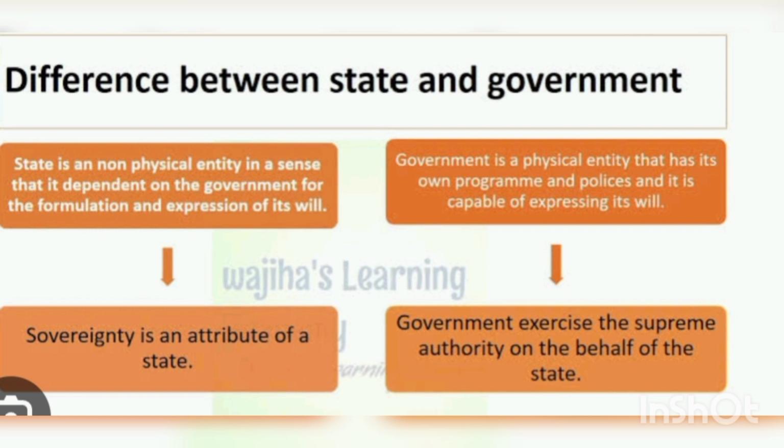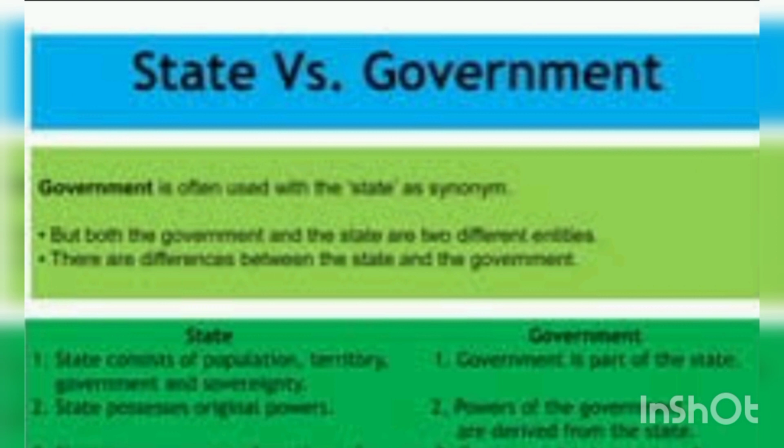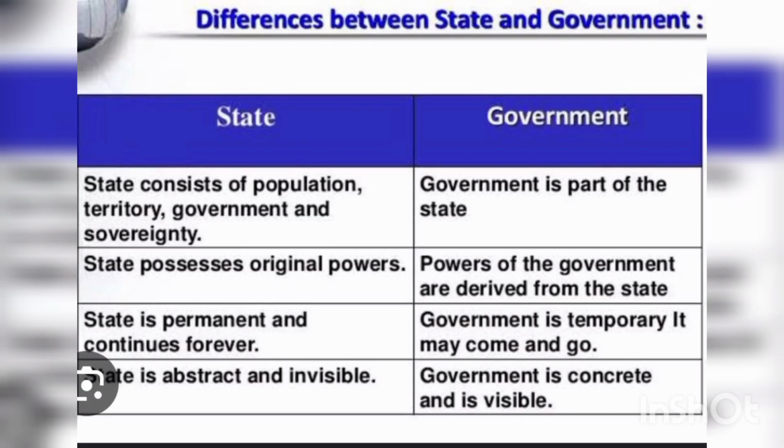So friends, the first difference between the state and the government is regarding its nature. A state has a particular territory with the people who enjoy sovereignty, while a government is an organization that creates, defines and enforces the laws of the state. That is the first important distinction between the state and the government.